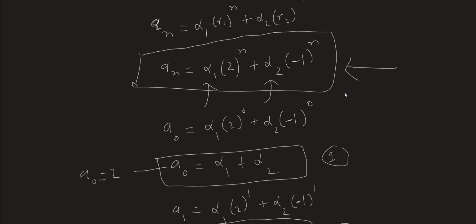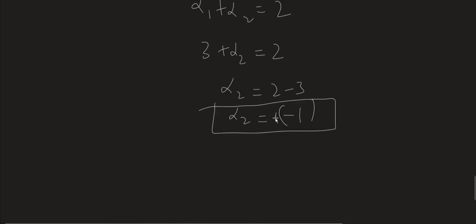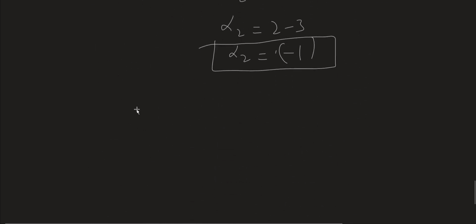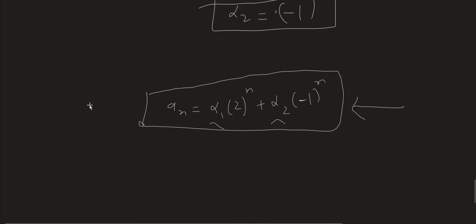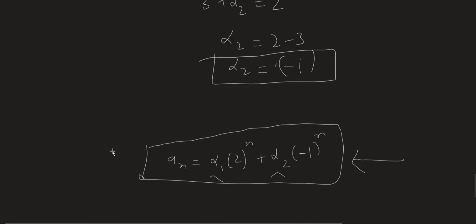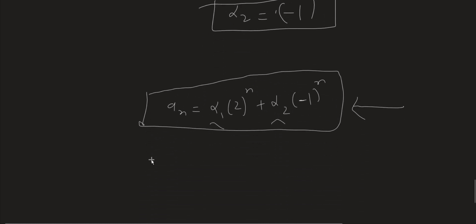Then let's substitute these values here. Alpha 1 was equal to 3.